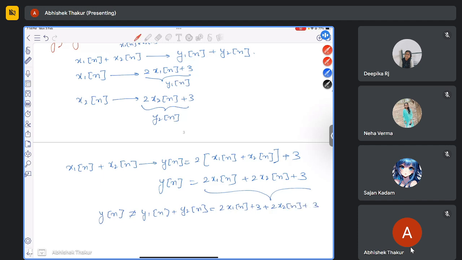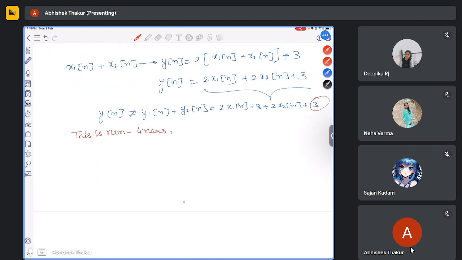So this 3 is one extra term. So this is non-linear. Understood? If you have any doubt, you can ask.